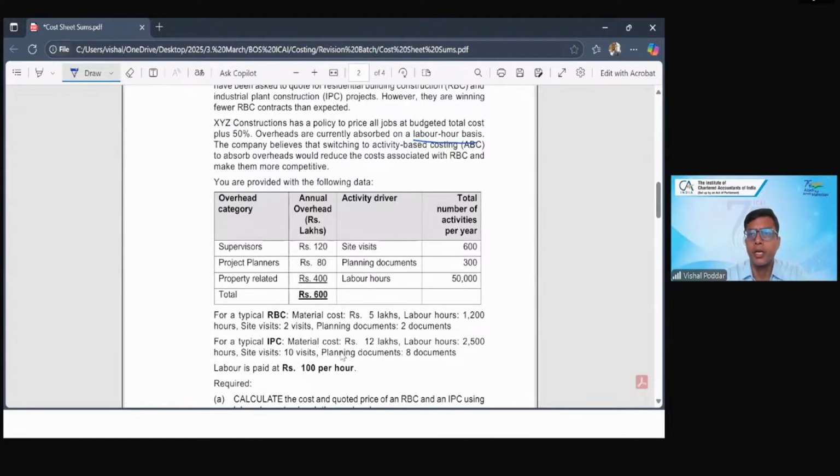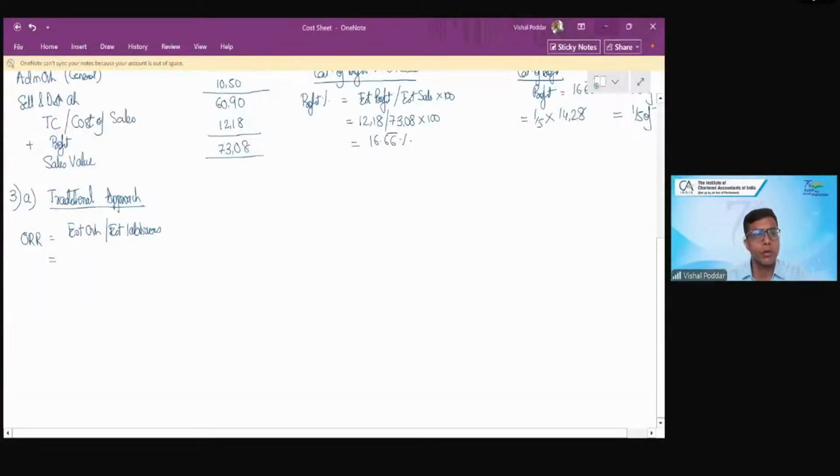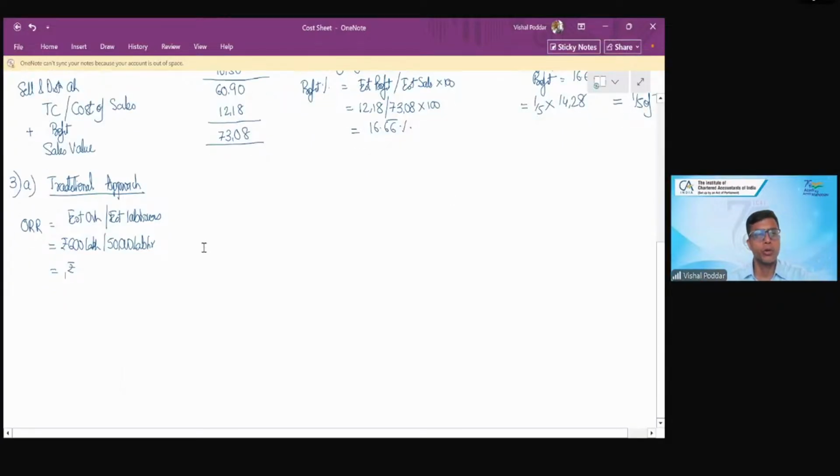So it is 600 lakhs divided by 50,000 labor hours. So you get your ORR. Just help me find out this. How much is your ORR? In the meantime, I'm preparing the cost sheet.